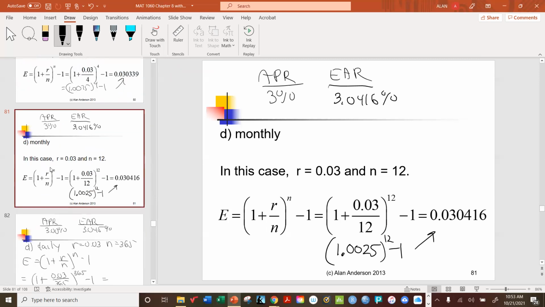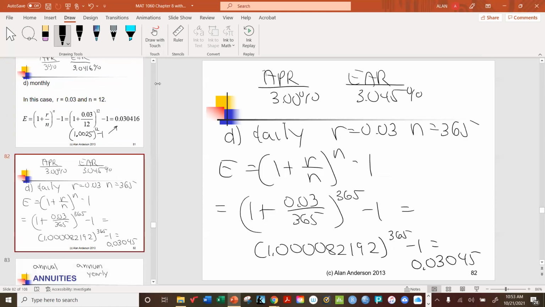All right, so this one I'd already done. So this one could be rounded up to about, let's say, 3.045.